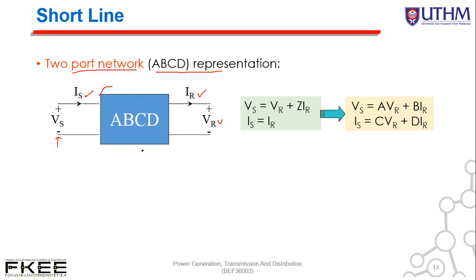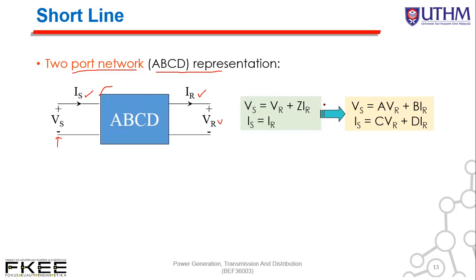If we look at the equation, previously we have Vs, the voltage at the sending end of supply, equal to the voltage at the receiving end plus impedance times current at the receiving end.